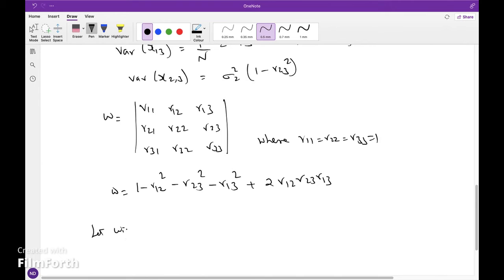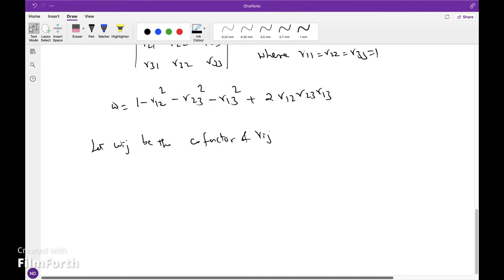Let omega ij be the cofactor of rij. For example, omega 11 equals the determinant of r22 r23, r32 r33.